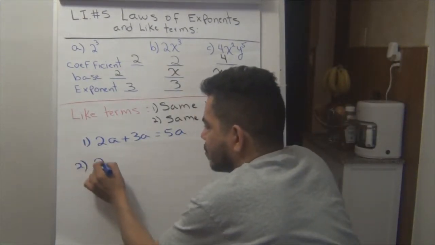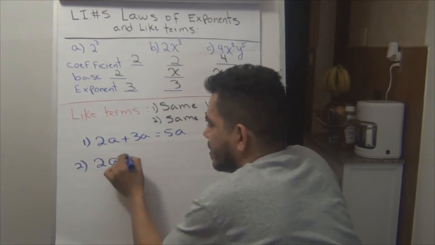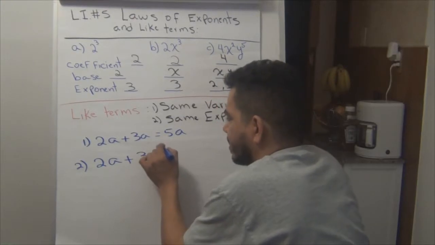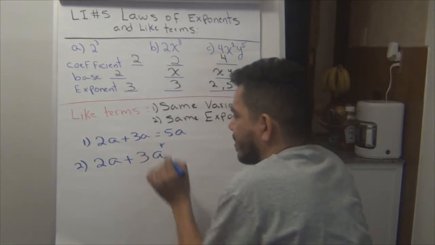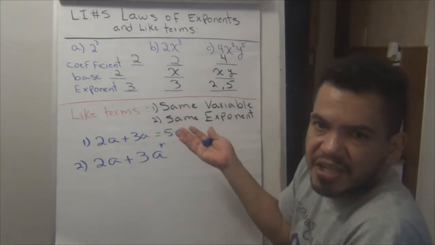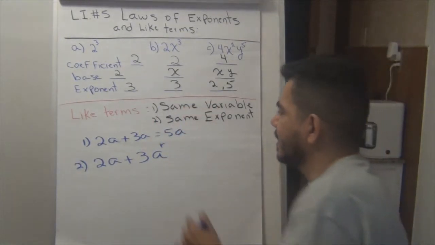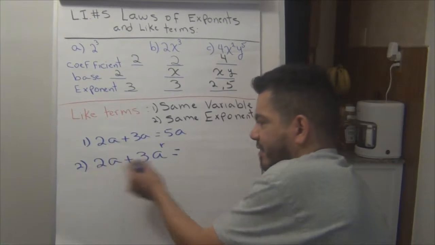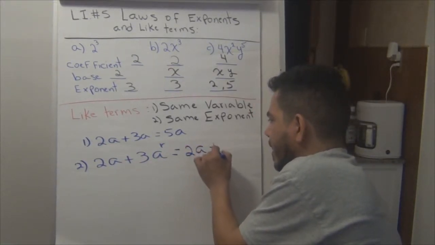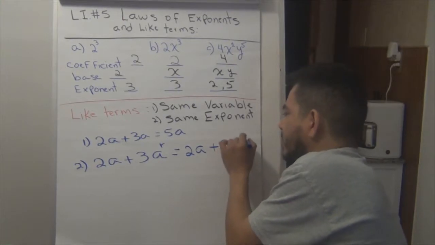Let's say you have 2 apples and you pick up 3 more apples that are rotten. So let's put an R over here for rotten apples. It could have been a 2, a numerical value, it really doesn't matter, but I just want to make the point. When you add this, you're going to end up with 2 apples and 3 rotten apples.